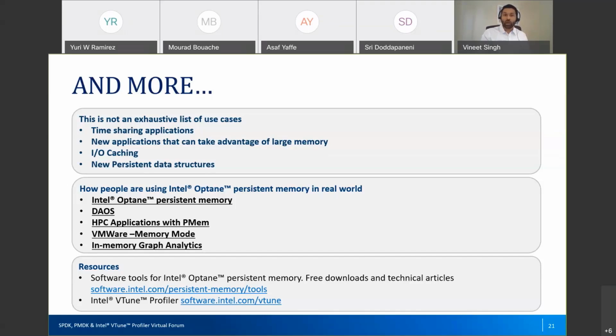There are new applications. People are coming up with new applications which can use this large amount of memory, and they don't have to worry about distributing their application across different nodes, because now the whole requirement can be satisfied by a single node. IO caching is another use case. You put PMEM media in front of your storage media as a cache, and that gives you better performance.